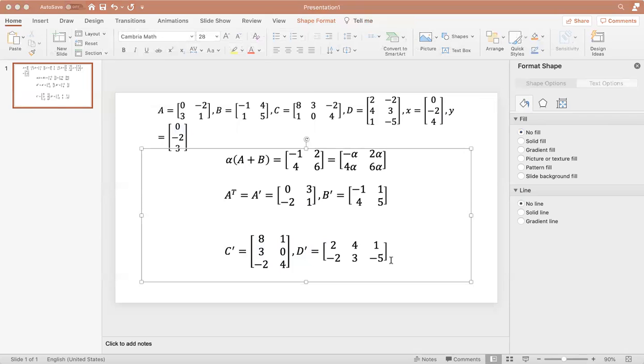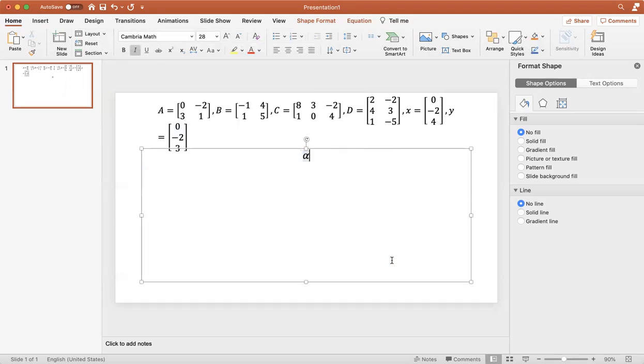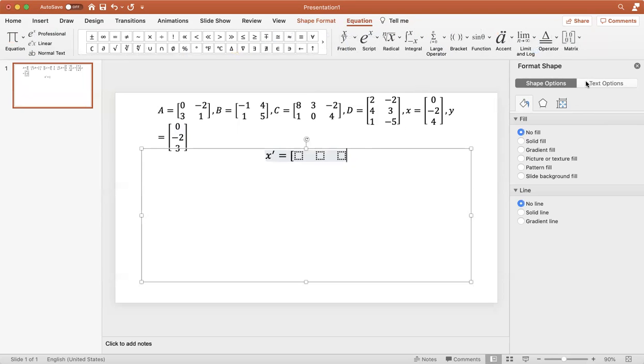Now, in your notes, I showed you how to get the transpose of a vector, which is very applicable in some applications in solving linear equations, right? So X transpose would just be a row vector equivalent of X. So that's going to be 0, negative 2, and 4.